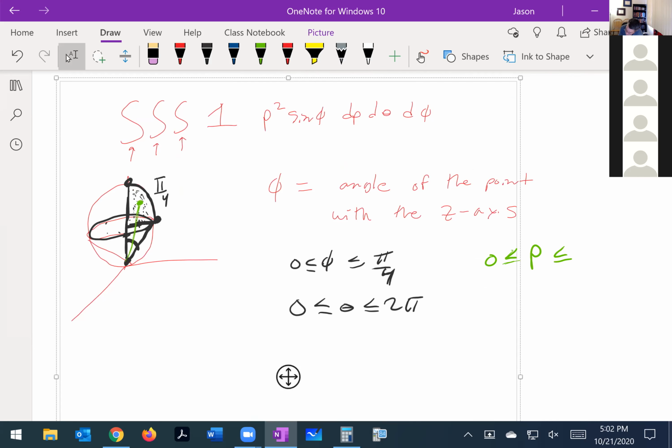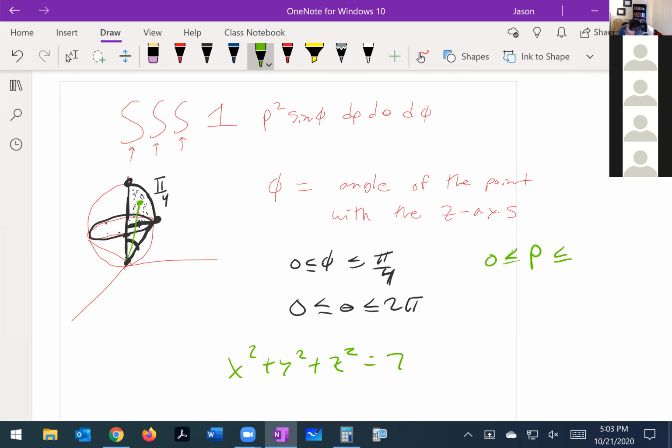Aren't all those points on the surface of the sphere? And what was the sphere? The sphere was x squared plus y squared plus z squared equals z, right?